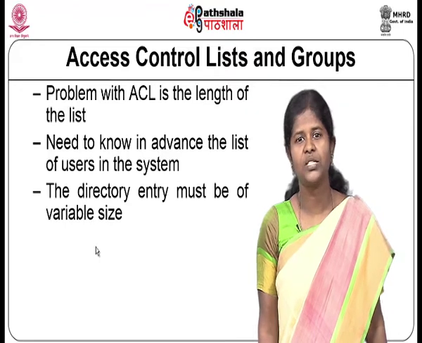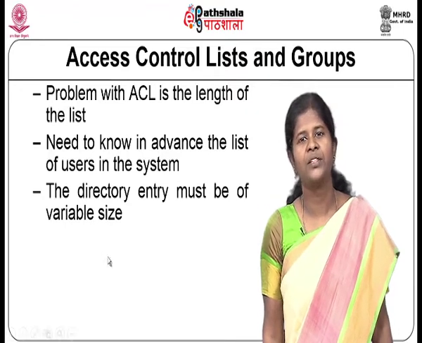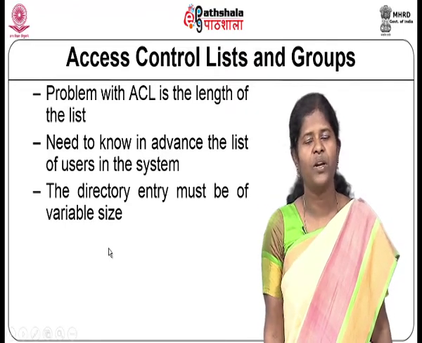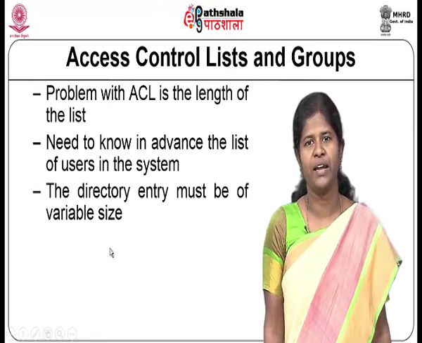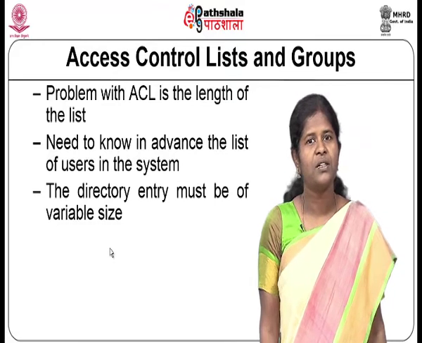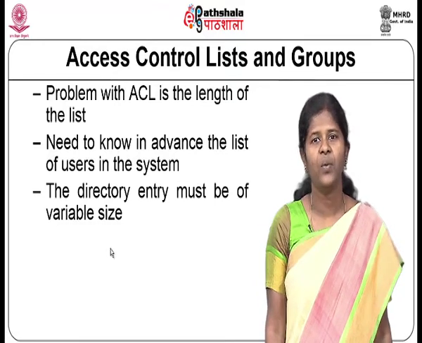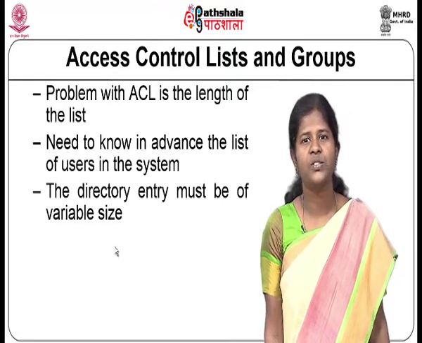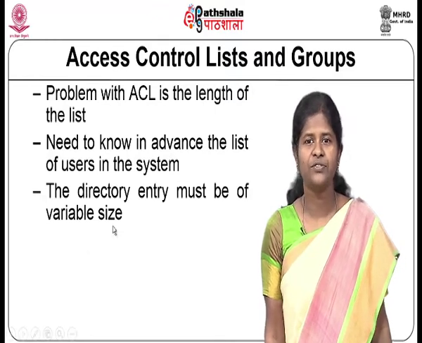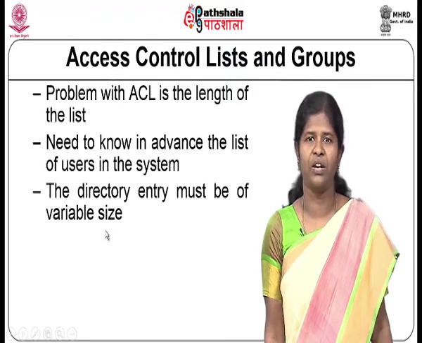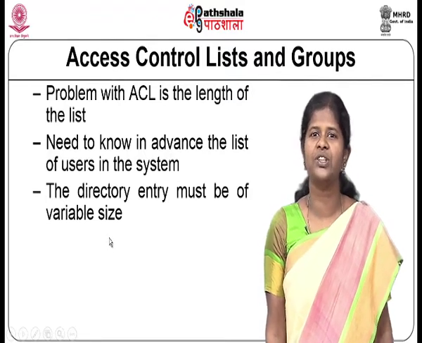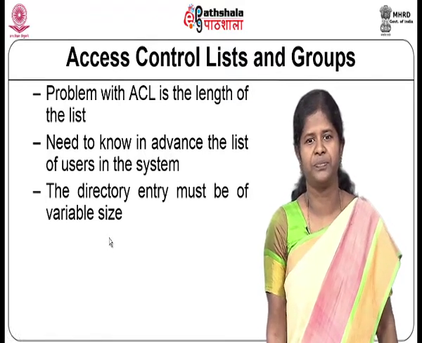And so, the directory entry will be of variable size, because the directory entry will have the name of the file and the attributes of the file. The attributes of the file will have this access control list. So, the size of the directory entry cannot be fixed, because each file will have a different number of users accessing the particular file.